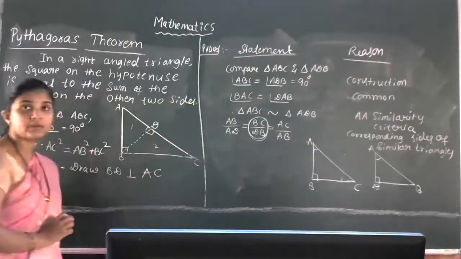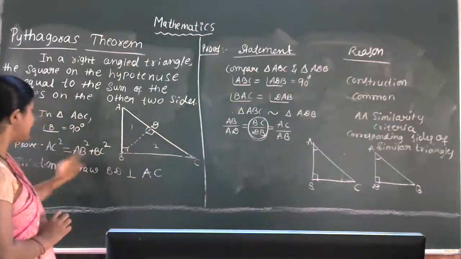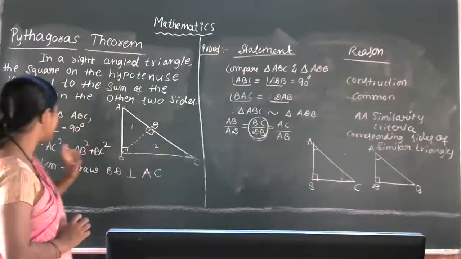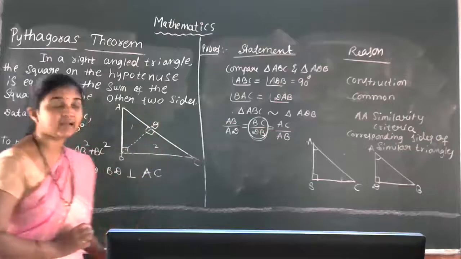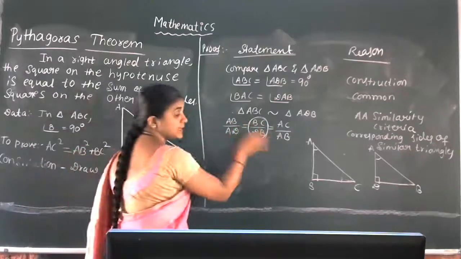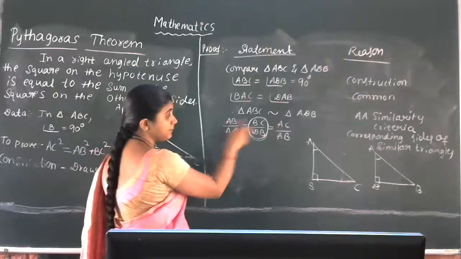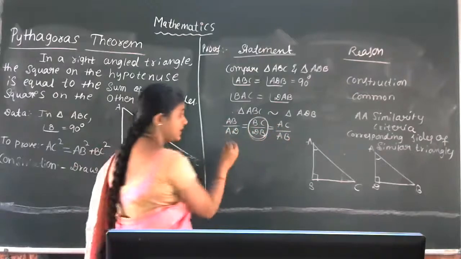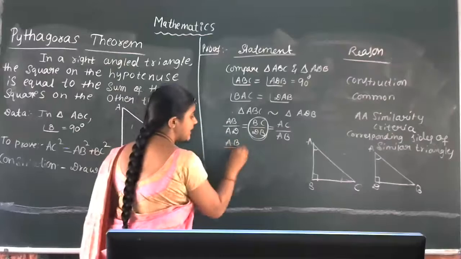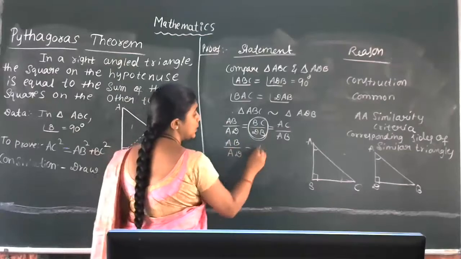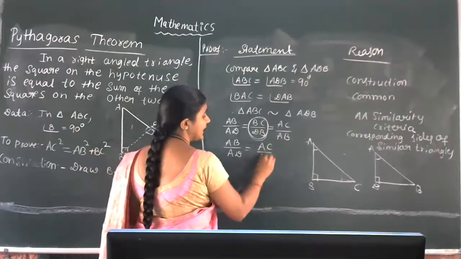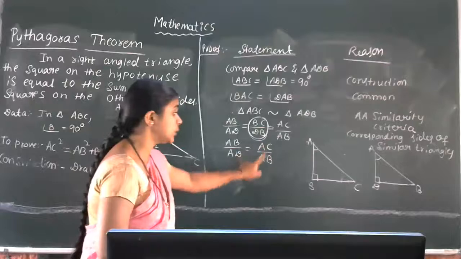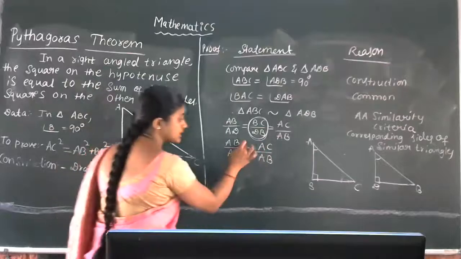Angle C common. Clear now? So the two triangles are triangle ABC and triangle BDC. Again, the same procedure we have to follow. Compare triangle ABC and triangle BDC. In that, angle ABC is equal to angle BDC, both are 90 degrees according to construction. The reason is construction.